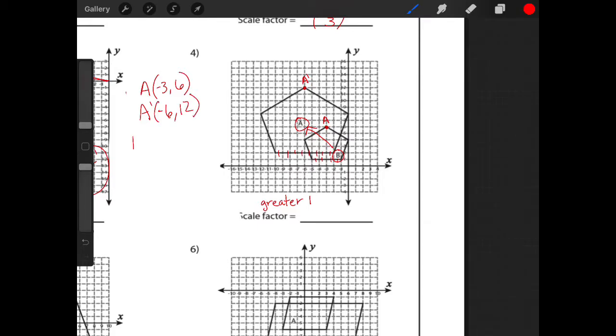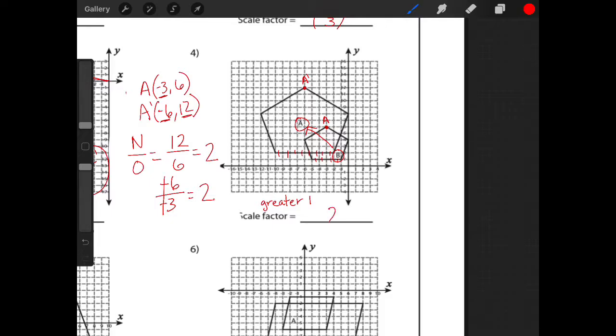So again, it's going to be the new image over the original. So 12 over 6 equals, 12 divided by 6 is 2. And then I can check my other one. Negative 6 over negative 3. Negatives cancel. 6 divided by 3 is 2. So we got the same scale factor regardless.